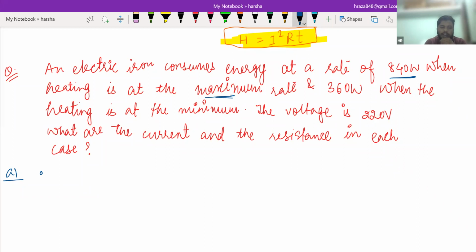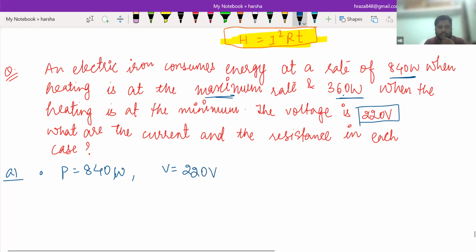Just take it 840 in A part and 360 watt in B part. The voltage given is 220 volt. So I'm going to split it into two parts. A part, the power is 840 watt and potential is 220 volt. What does the question ask? What is the current?